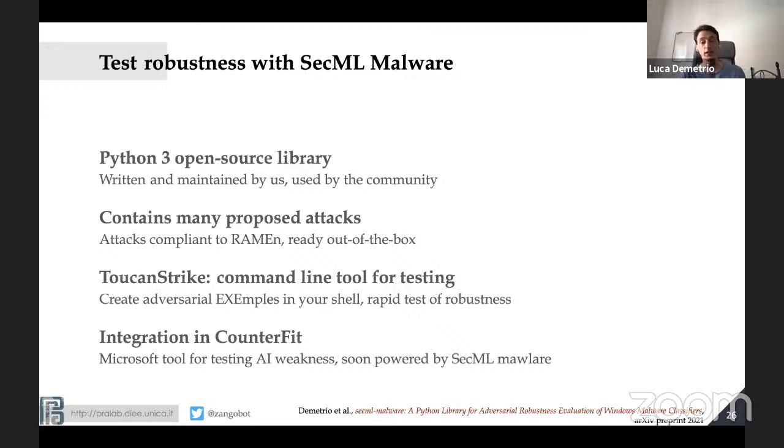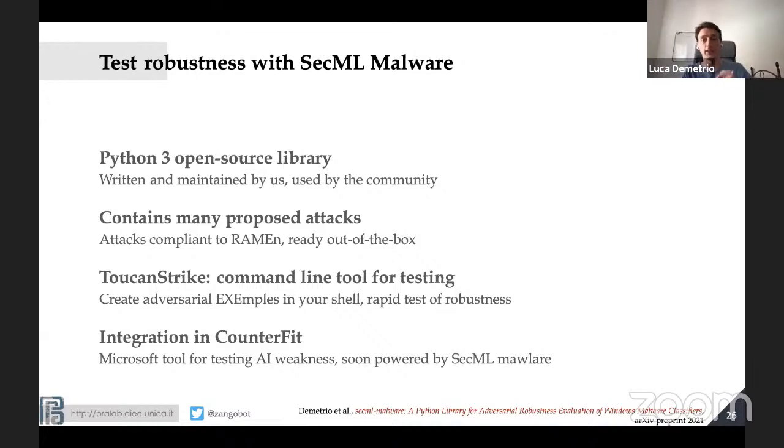And then finally, this is something that is still work in progress, but it's happening right now in these weeks. We are integrating this tool inside Microsoft Counterfeit, which is basically a tool for assessing the robustness of your classifier and running attacks in the shell. So that's going to be a very good thing for the library, because it's going to be used maybe by many people.